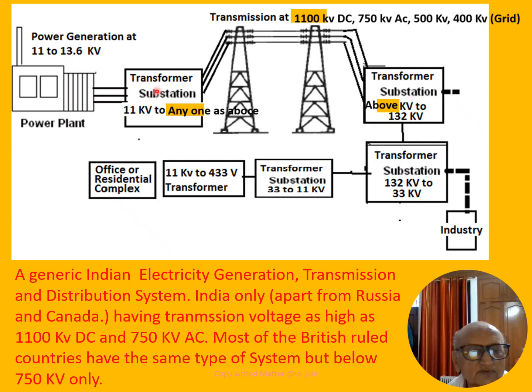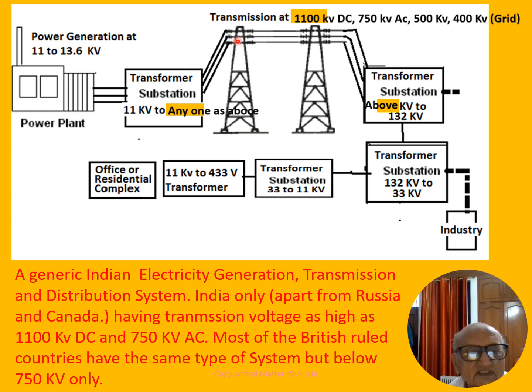First it is transferred at this 11 kV or 13.6 kV. It is transmitted at 1100 kV DC, 750 kV AC, 500 kV AC and 400 kV grid substations.